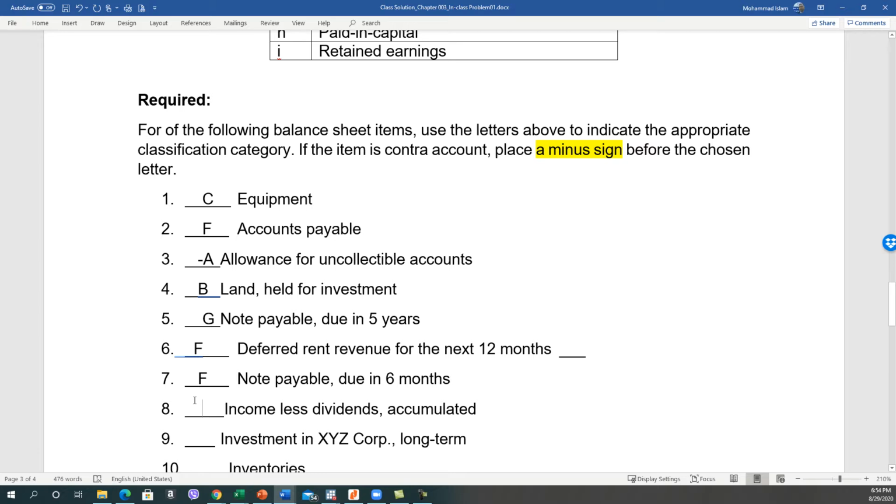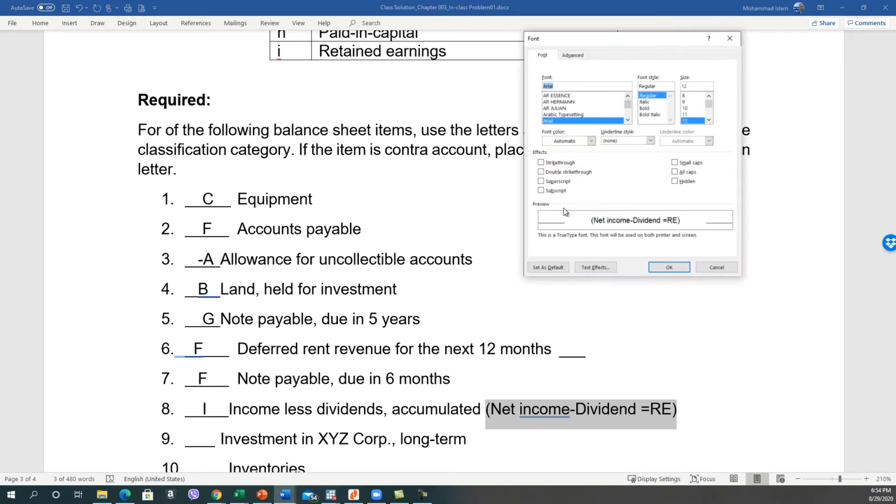So this one is going to be I. We know that from net income, when we subtract dividends, we find the retained earnings. Can you see that? So this one will help you. So net income, dividend.